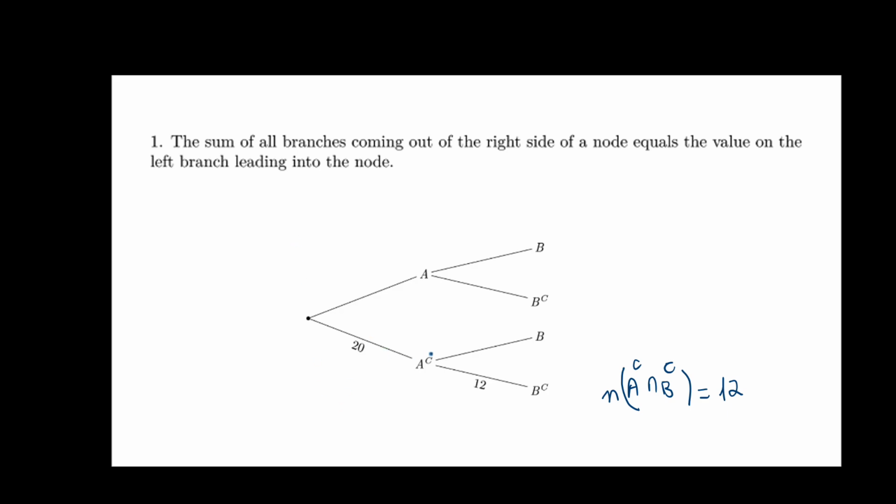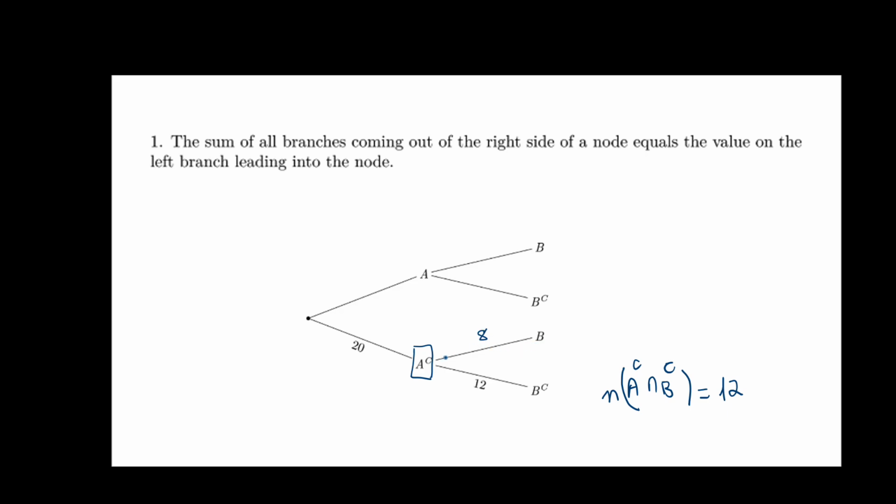So let's look at this node. If you have 20 coming in, you need to have 20 coming out. No elements came from nowhere, right? So if you have 12 here in the A complement intersection B complement, which is this branch, what number should I have in the other branch? 8.